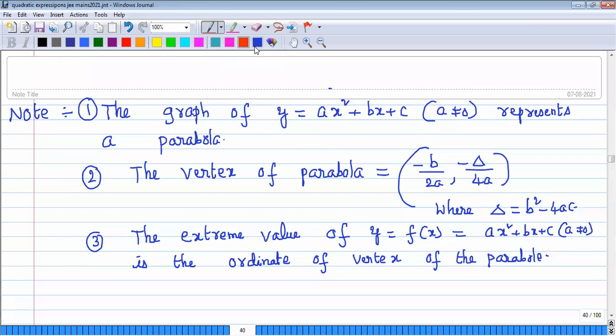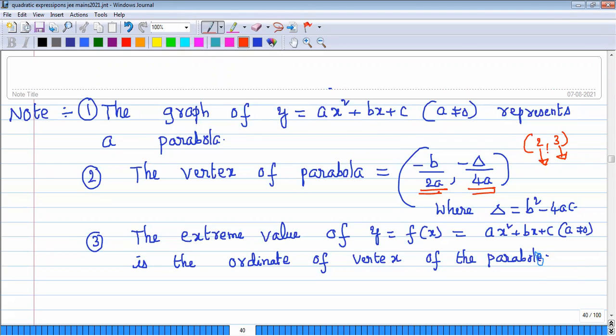So that means this value is called ordinate, this is called abscissa, because for example 2 comma 3 is there. 2 is called x coordinate, 3 is called y coordinate. Generally 2 is said to be abscissa, 3 is said to be ordinate.